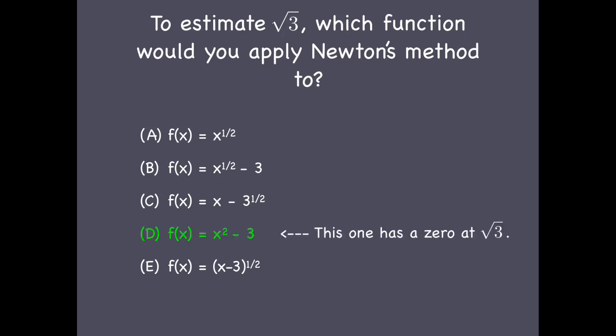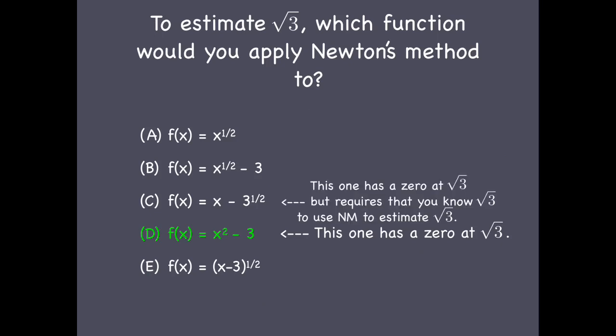So let's see. X squared minus 3 has a 0 at square root 3, so that seems to be fairly good. There's another feature about it that's good, and option C illustrates exactly why. Option C also has a 0 at the square root of 3, but in order to use Newton's method, we would have to know the value of the square root of 3 in order to do any calculations, because f of x is in the formula.